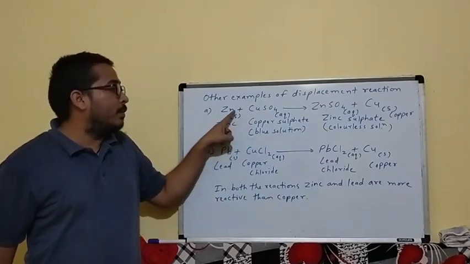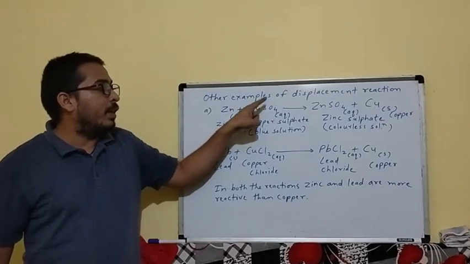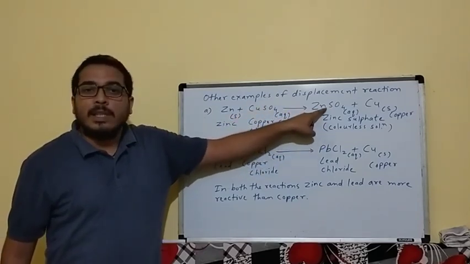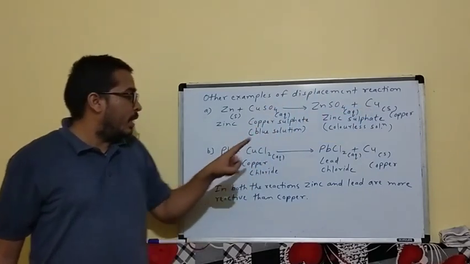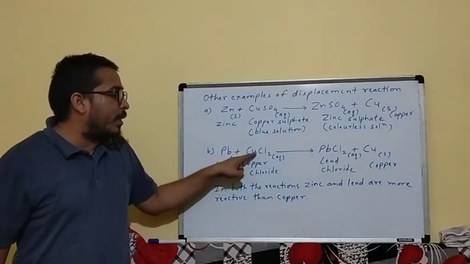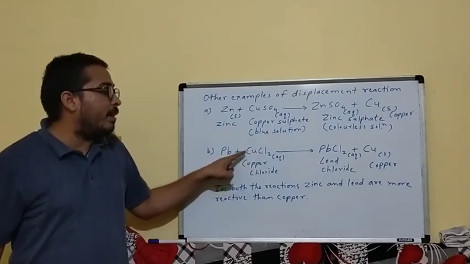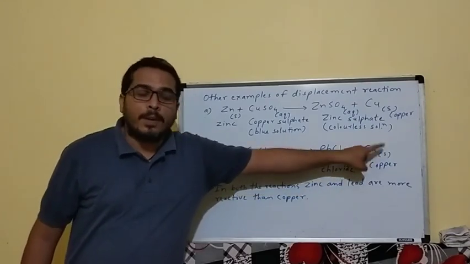When we add some zinc granules in copper sulfate solution, it will turn into colorless zinc sulfate solution and copper will be separated out. And the next example is lead reacting with copper chloride. When lead reacts with copper chloride, it will form lead chloride plus copper.